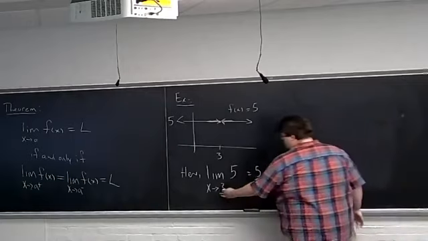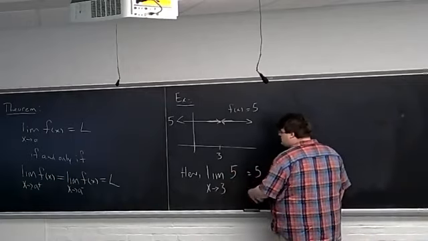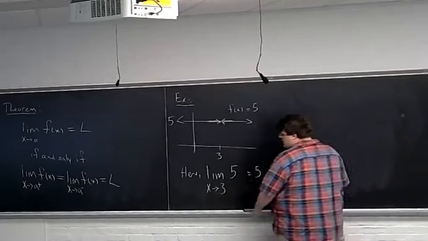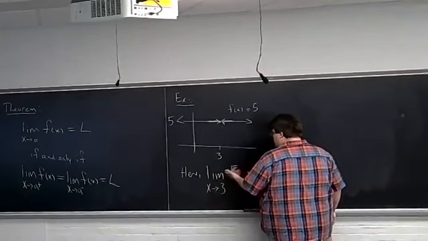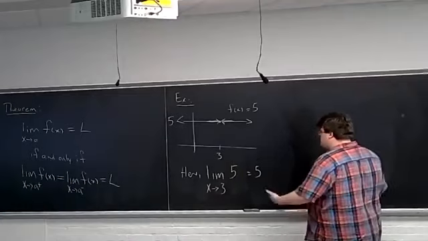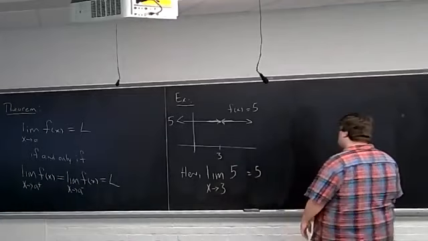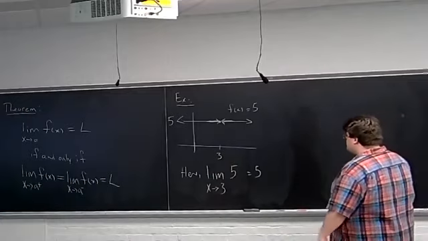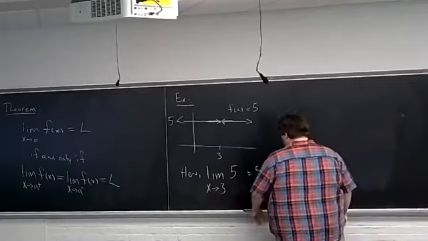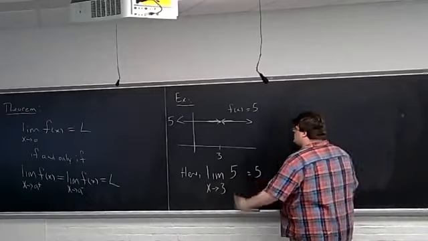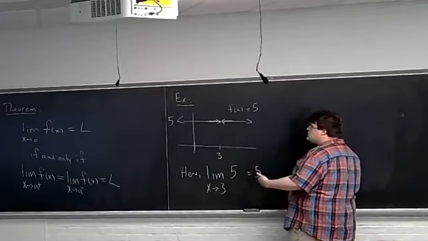As x goes to 3, how does 5 change? Another way of saying it: as x approaches 3, 5 doesn't change. In fact, 5 is not a function of x. So the limit as x approaches 3 of just 5 is 5. And this result generalizes for any horizontal line.